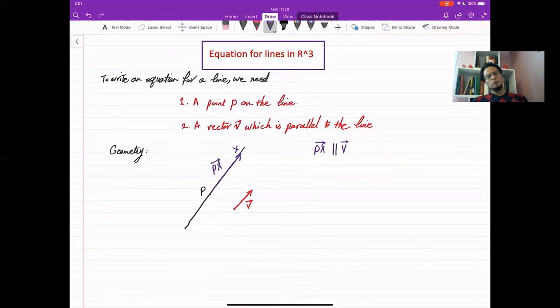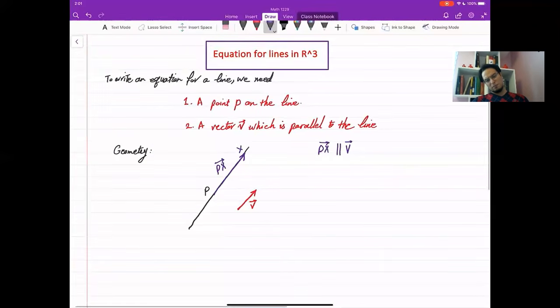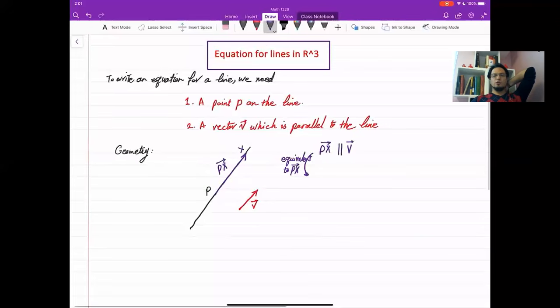I want to work with two vectors, so from the directed line segment I can generate the equivalent vector to PX. We know that such a vector is the endpoint position vector minus the initial point position vector. So X minus P will give you a vector.